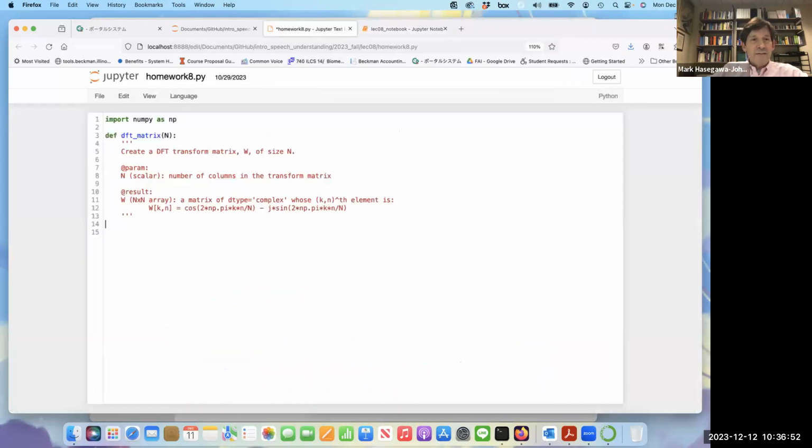All right, we want to have a W matrix, which is np.zeros n by n with dtype equals complex.